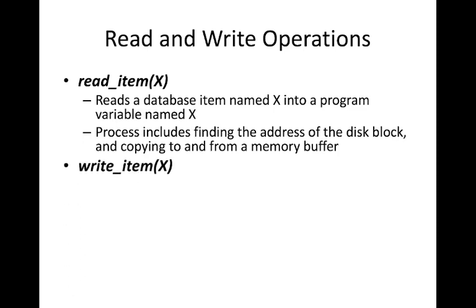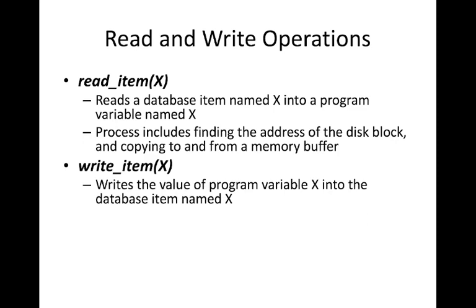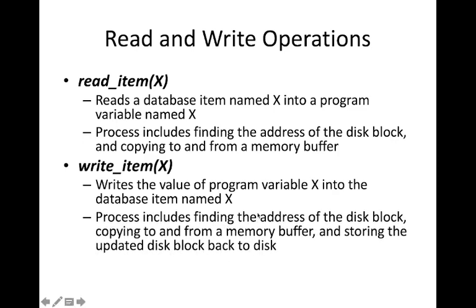Similarly, write_item(X). Write_item(X) means writing the value of program variable X into the database item X. This means we are writing something, so it should be copied into the disk block. It will include finding the address of the actual disk block, copying to and from the memory buffer, and storing the updated disk block back to the disk.